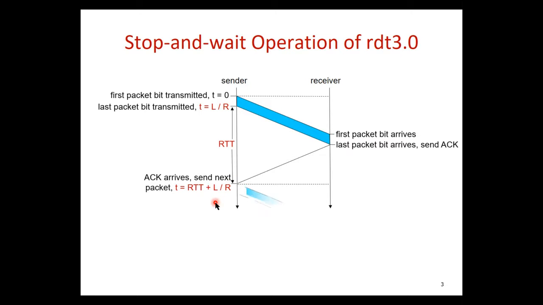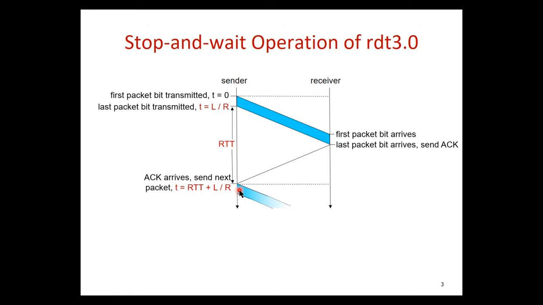Now the sender can send the next packet. So you see the pattern here, right? Send one packet, wait RTT, and then send the next packet, and then wait RTT. This is how RDT 3.0 operates, assuming we have no error, there's no retransmission and so on, right?